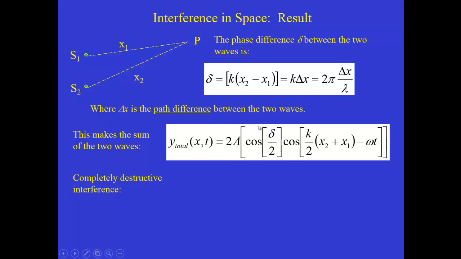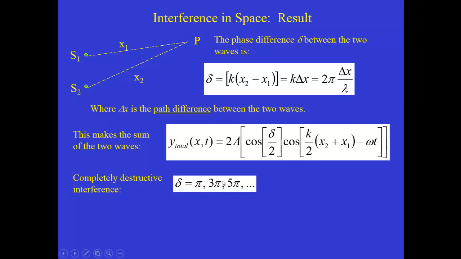Well, the cosine term has to be 0, and we know that cosine is 0 when the argument is pi over 2, and then again 3 pi over 2, 5 pi over 2. So multiples of pi over 2, where delta then would be pi, right? That would work. And then 3 pi, and then 5 pi. Those will give us the odd integer multiples of pi. And that will produce the condition for completely destructive interference.